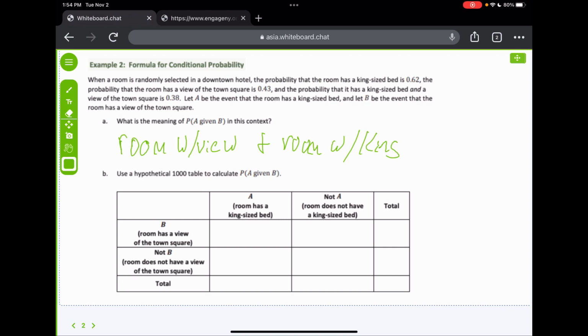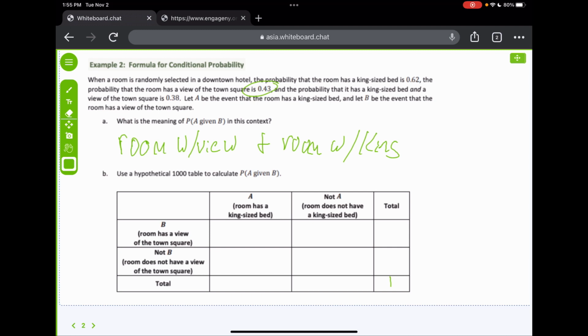Okay? So, now what we're going to look at is making this a hypothetical 1000 table to calculate probability. So we're going to make it total 1, because we don't want 1000, we want probability here. So the probability that it has a view of the town square is 43/100ths.